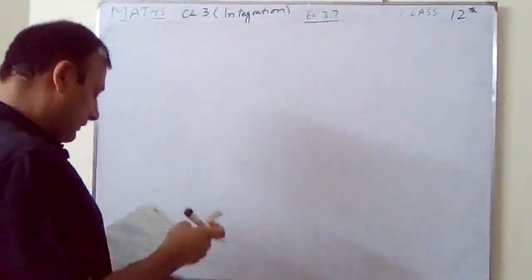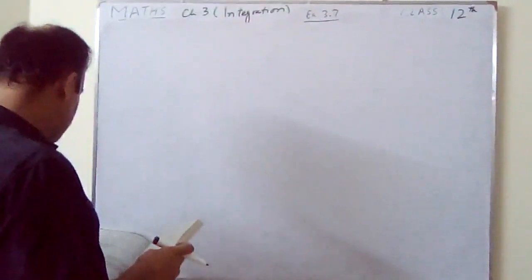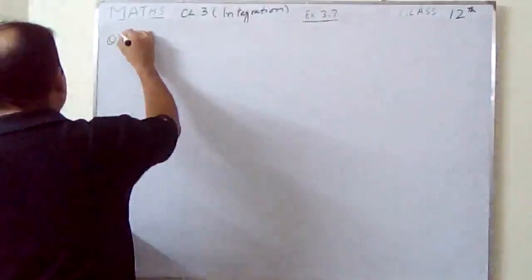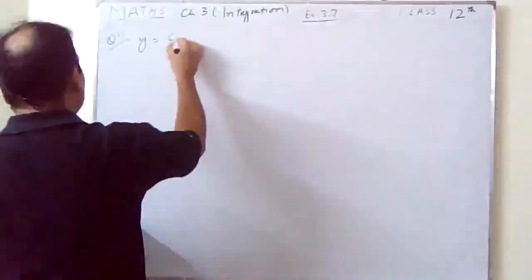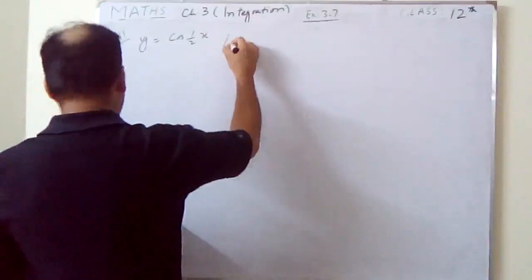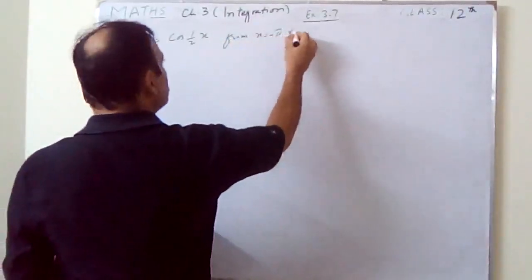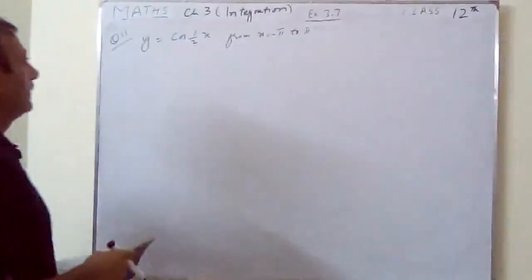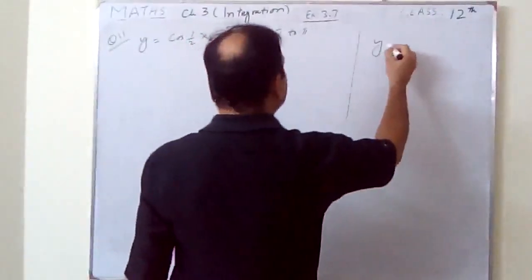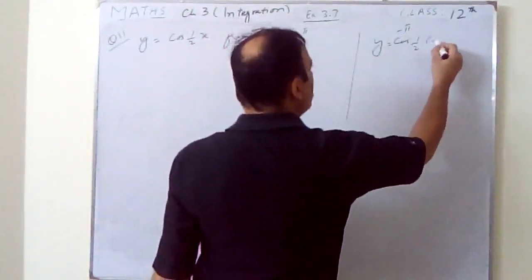Okay, now in the next I try to solve part 11, question number 11. y is equal to cos 1 by 2 x, from x is equal to minus pi to pi. You may check here whether you put x is equal to minus pi, so cos of 1 by 2 into minus pi.